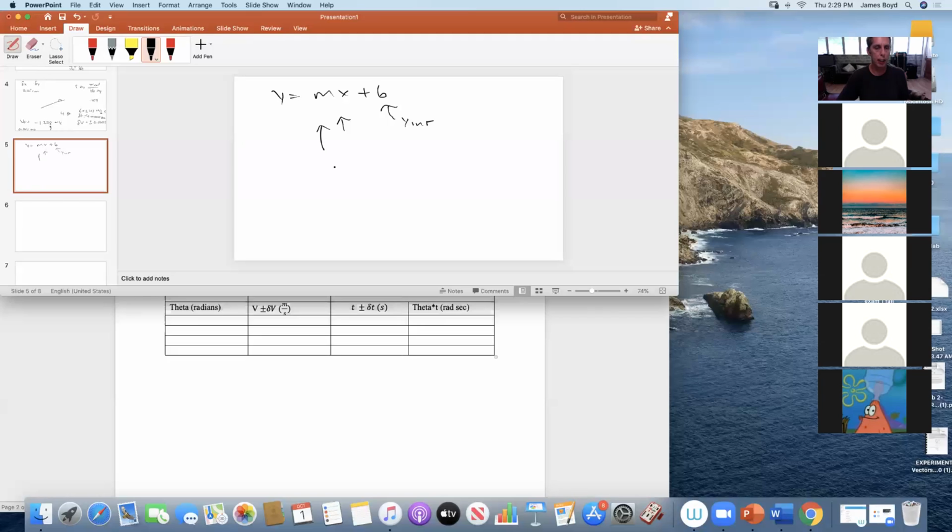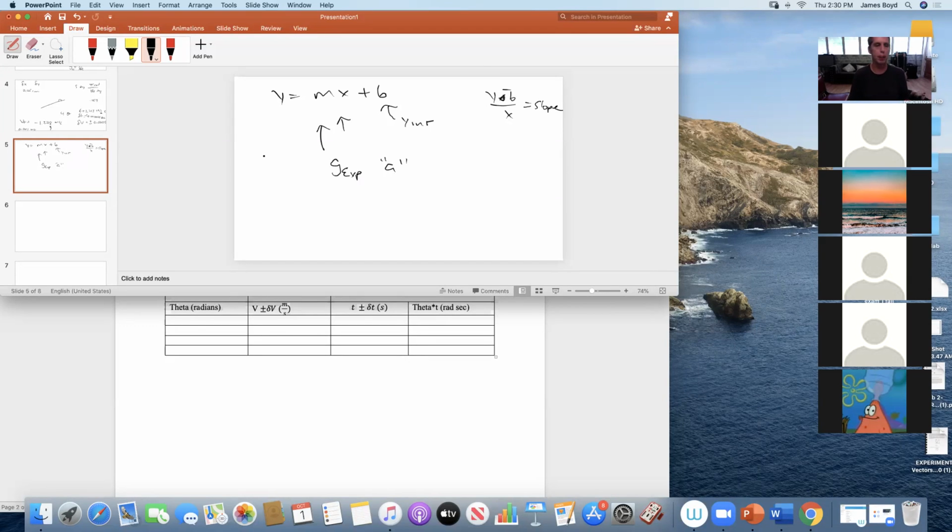But this slope here for us is our experimental g, or what I'm calling a. Okay? And we can see that y minus b over x is our slope. We're assuming that experimentally b would be 0.